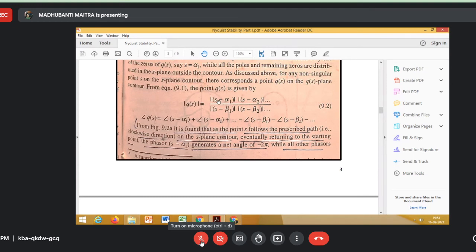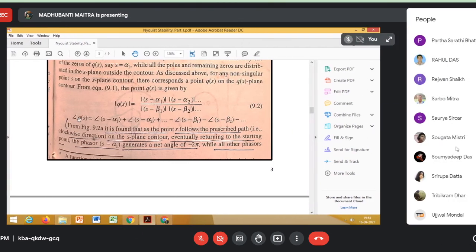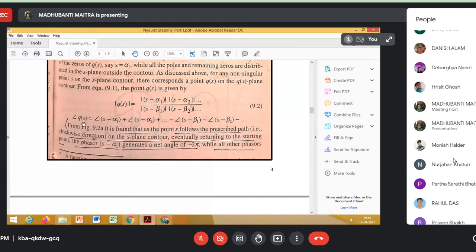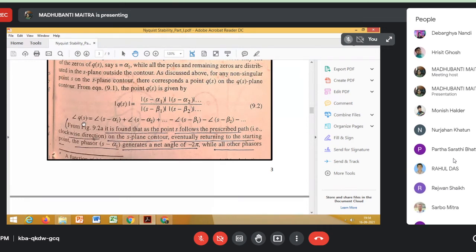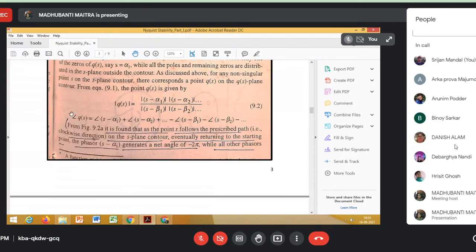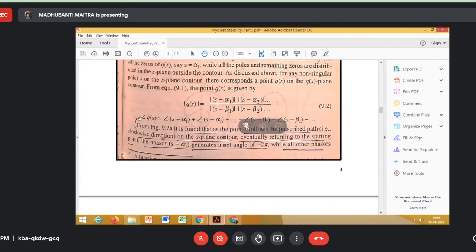And similarly, the angle QS will change. Phase angle will also change, right? So the change in phase angle, let's denote it by delta QS, net change in phase angle.